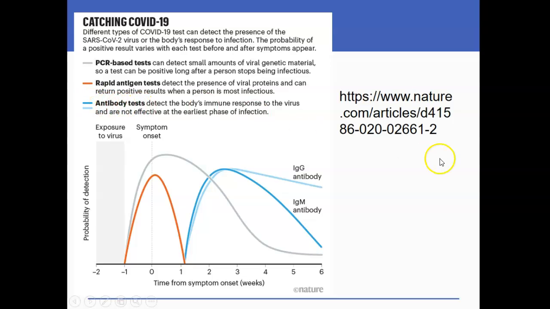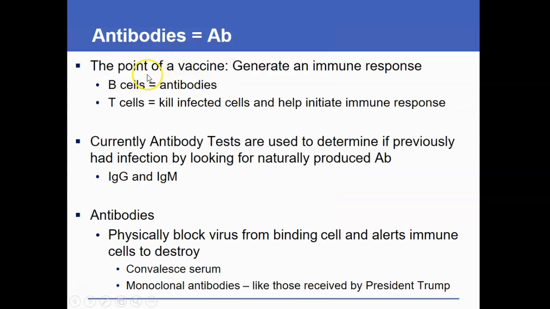So these antibody tests for IgM and IgG aren't looking to see if there's virus present. They're looking to see, did the immune system generate a response? So when we say an immune response, that's the same thing as we're trying to get out of a vaccine.